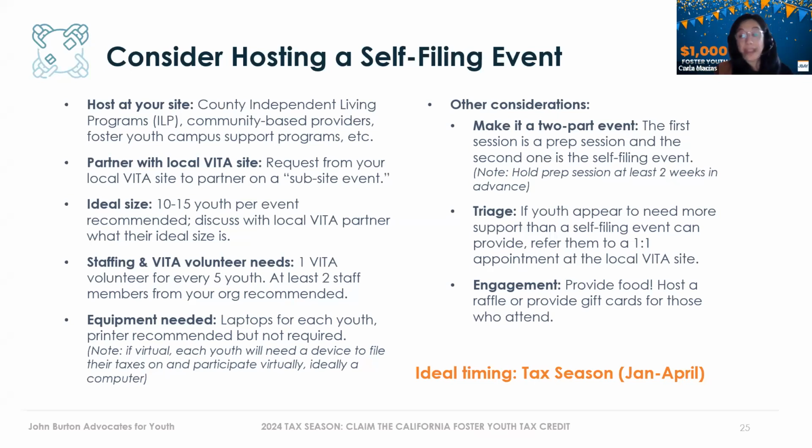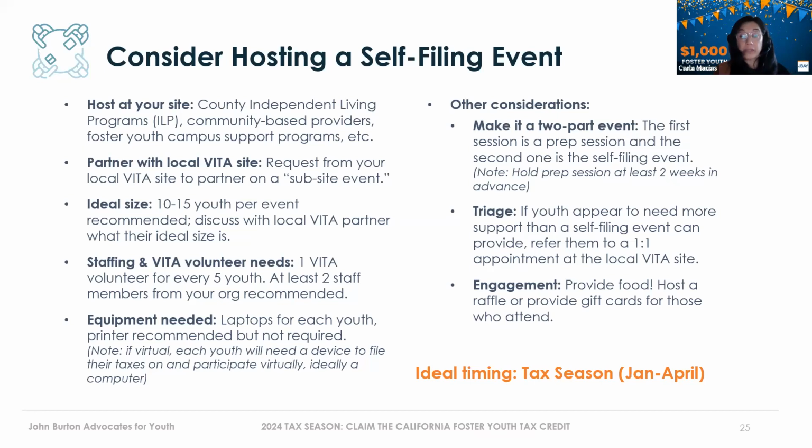Some youth may have complex tax returns. For example, if they're self-employed or they receive a substantial amount of scholarships and grants that may be taxable, and they need help to maximize their return, or they received a tax error code when they tried to self-file, you want to be able to help them schedule a one-on-one VITA tax appointment for further help.